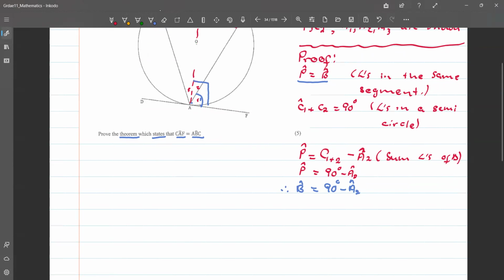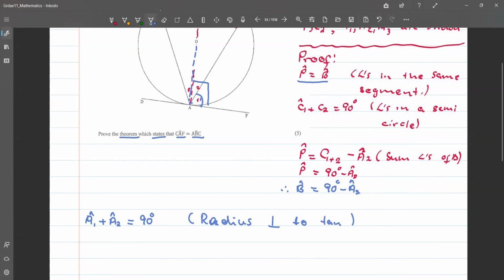So here's our radius, and here's our tangent. They make 90 degrees. So we say angle A1 plus angle A2 equals 90 degrees. Why? Radius perpendicular to tangent.